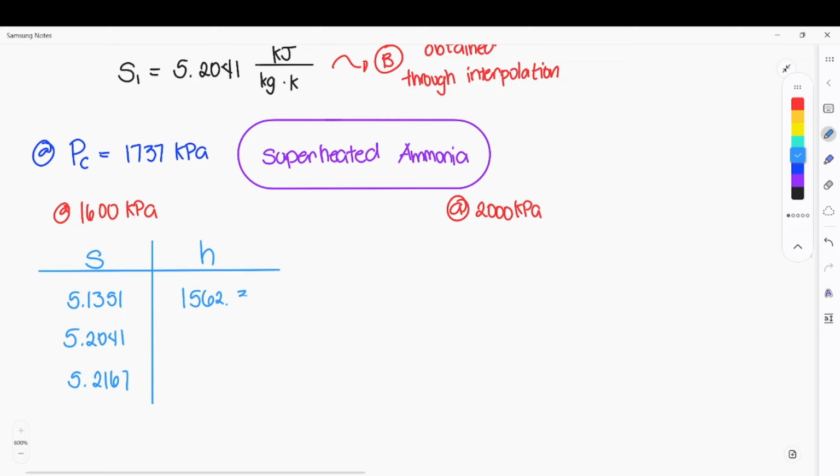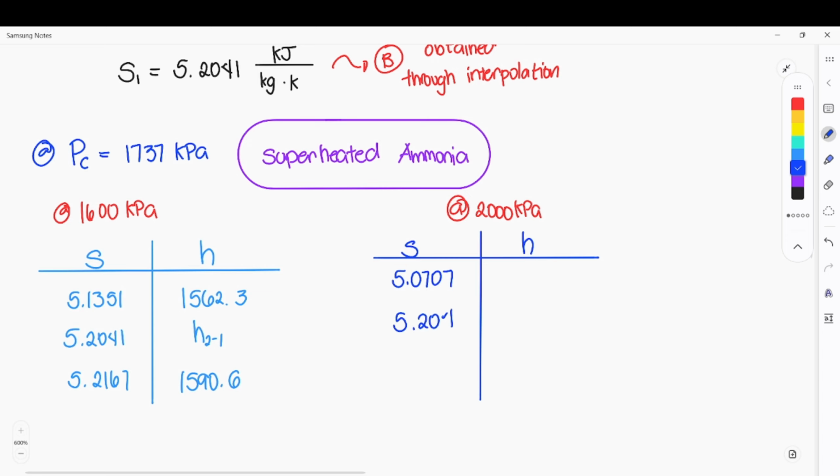So, writing the necessary values sa corresponding enthalpies of each entropy, gawin din natin siya for the 2000 kilopascal. Again, we need the entropy and the enthalpy. Be sure to write the proper values.